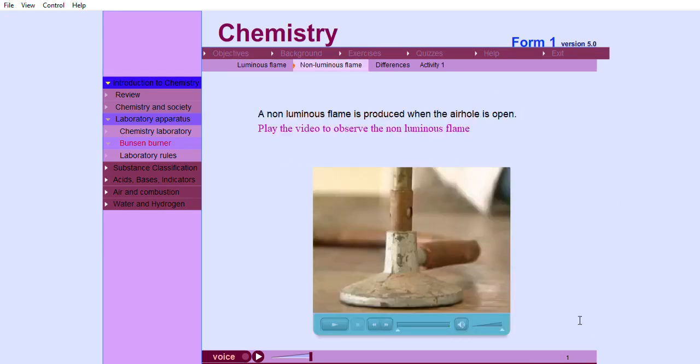A non-luminous flame is produced when the air hole is open. Play the video to observe the non-luminous flame.